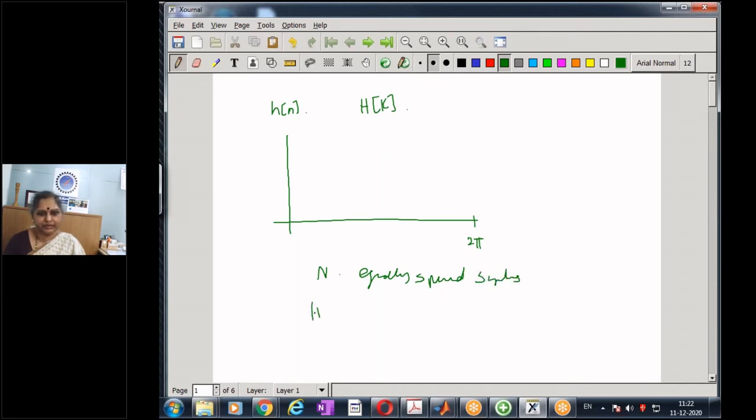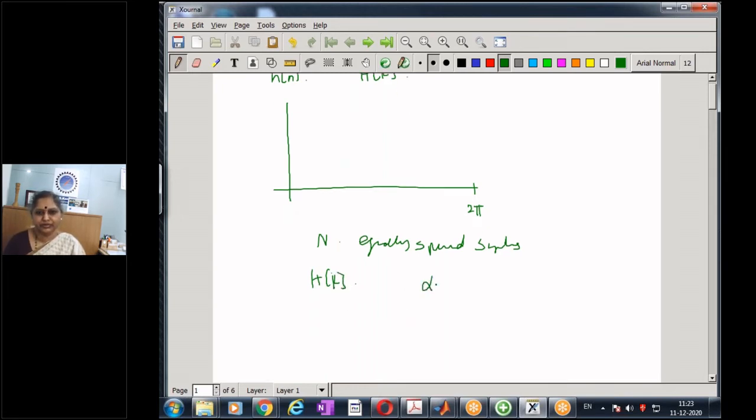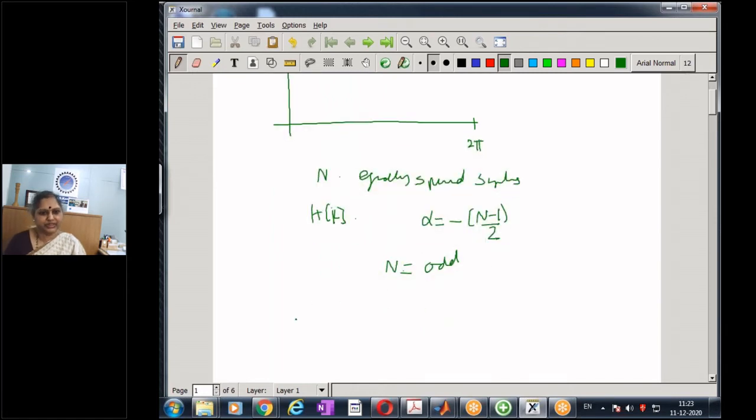And that gave us the magnitude of h of k. Then we defined the linear phase characteristic such that the slope was given by minus (n minus 1) by 2, provided n is odd. We are considering examples where n is odd. And then all that we had to do was the inverse discrete Fourier transform, and we got the result. That is the impulse response h of n of the desired filter.